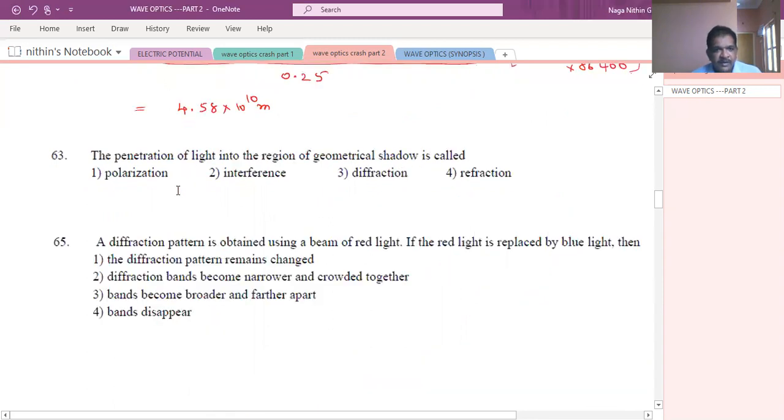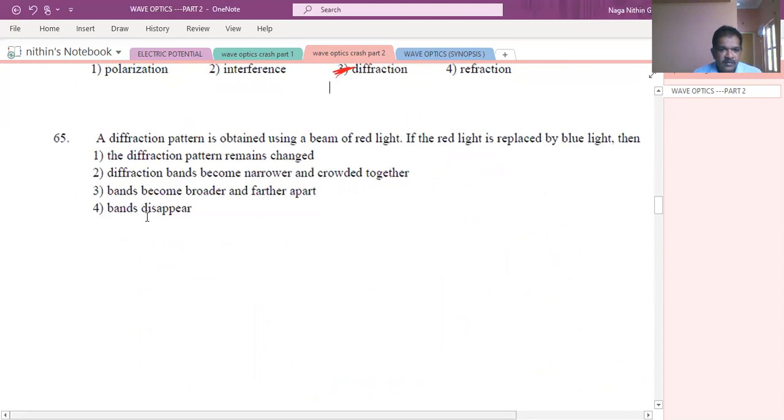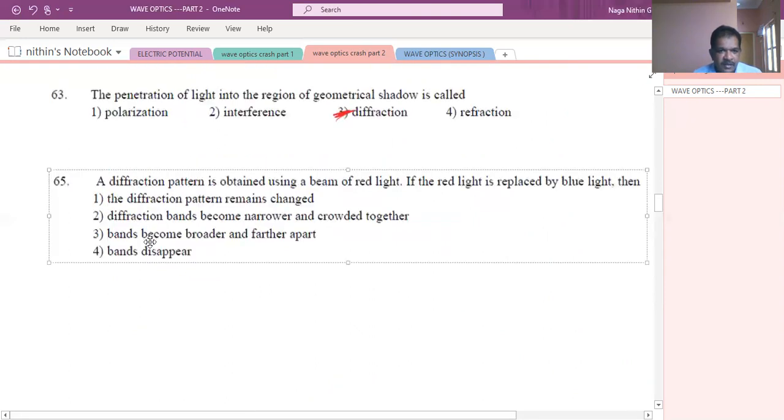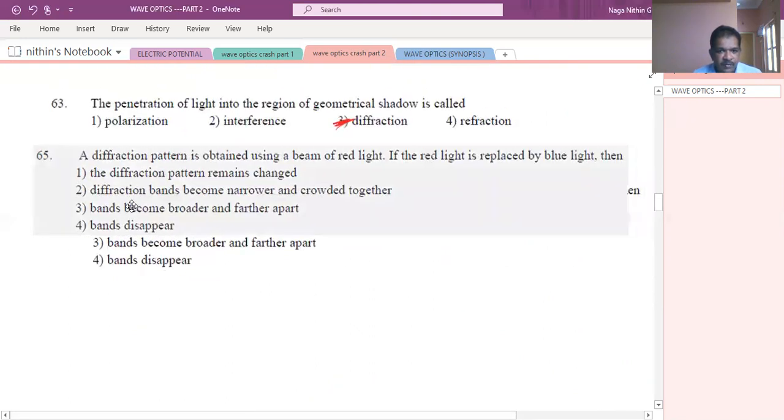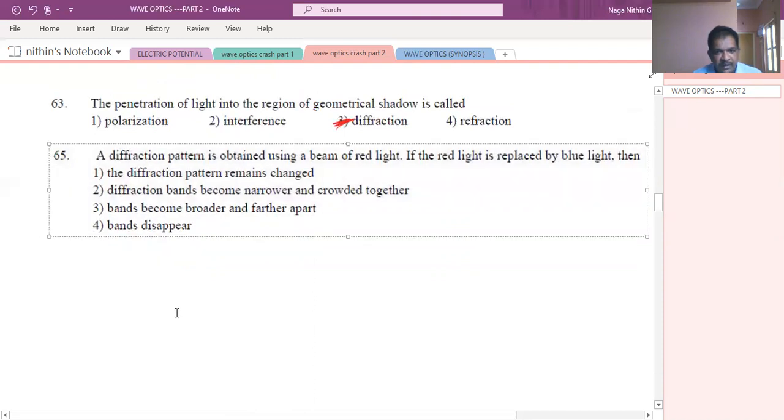Next, the penetration of light into the region of geometrical shadow is called diffraction. Next, what is the question? See, a diffraction pattern is obtained using a beam of red light. If the red light is replaced by blue light, what happens to the width of the diffraction pattern?